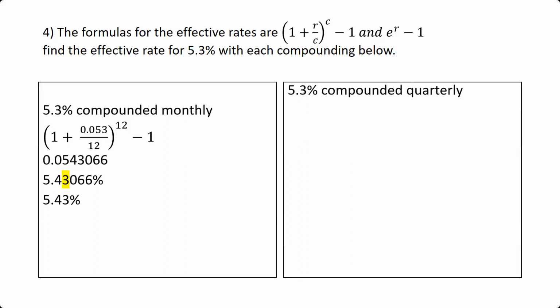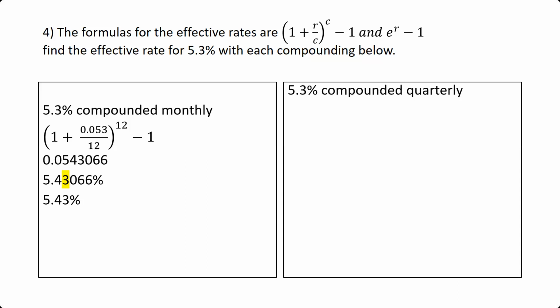Okay, go ahead and find 5.3 compounded quarterly. First one was monthly, which we knew was 12 a year. Quarterly, what would C be? Anyone? Quarterly is how many times in a year? I see fingers, so some people are saying 4. Yes, think of 4 quarters in $1.